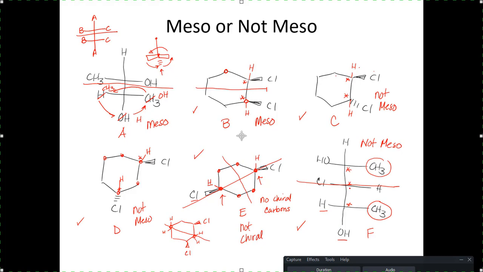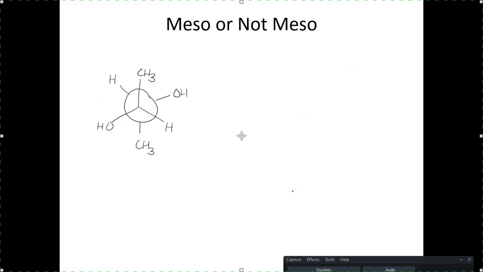Number 1, got to have 2 chiral centers at least. And number 2, you have to have the mirror plane, but the mirror plane cannot cut through any of those would-be chiral centers. Okay? So that is meso. How do we determine whether we have a meso compound on a Newman projection?